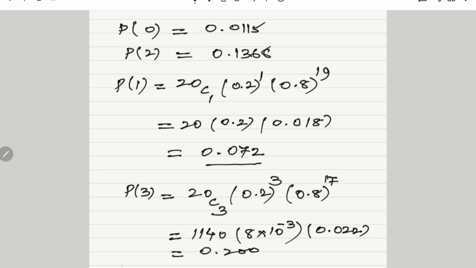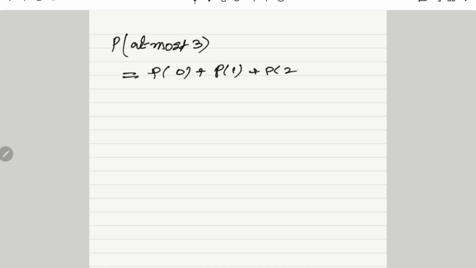0.200 is P of 3. Taking the addition, we get the probability for at most 3 as P of 0 plus P of 1 plus P of 2 plus P of 3.